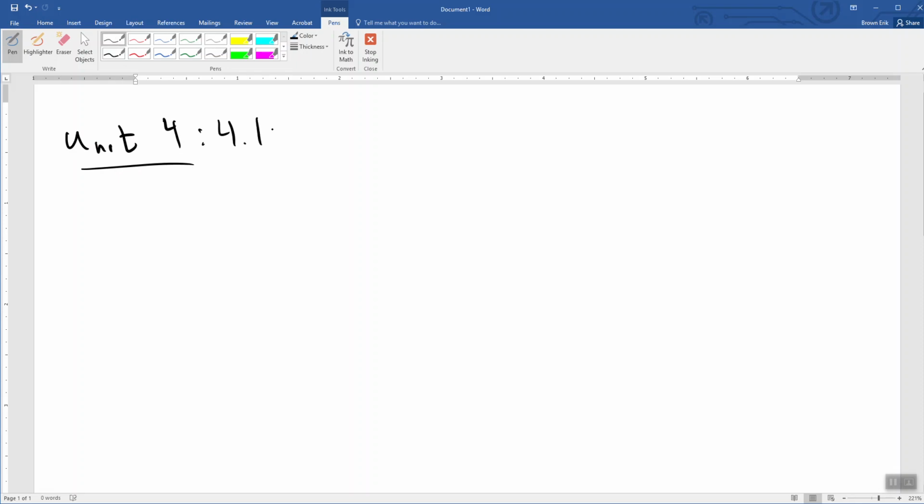Okay, so in section 4.1, we learned about everything probability. So let's start with the definition of probability here. Boy, can I spell it? Probably, haha.